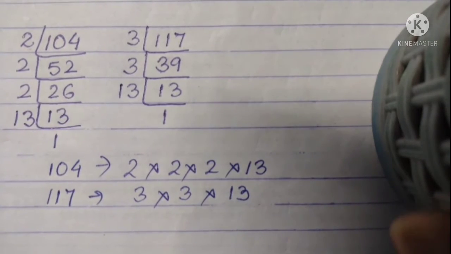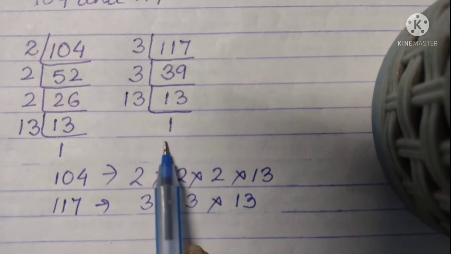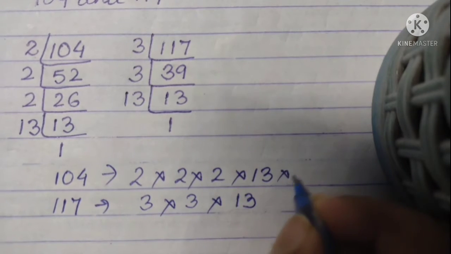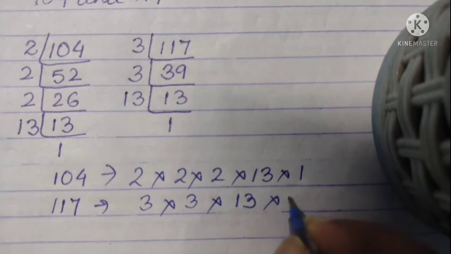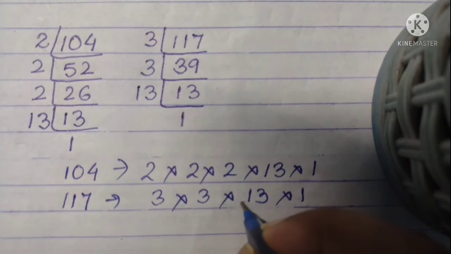Now you have to note that you will also note the bottom number, that is 1, as you are finding the HCF. Now what are the numbers which are common among 104 and 117?